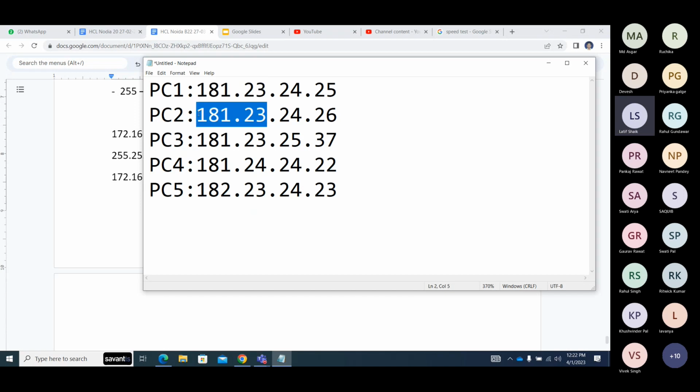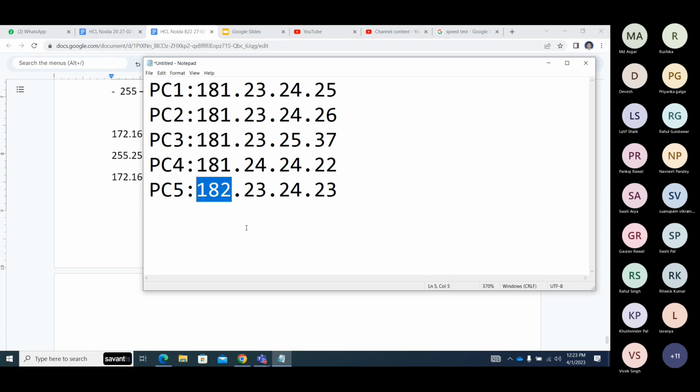So PC1, PC2, PC3, the first 2 octets are the same, but for PC4, the third octet is a little different, so PC4 cannot communicate with PC1, PC2 and PC3. In PC5, the first octet is different from PC1, PC2, PC3, and of course PC4 also. So it cannot communicate with those devices.